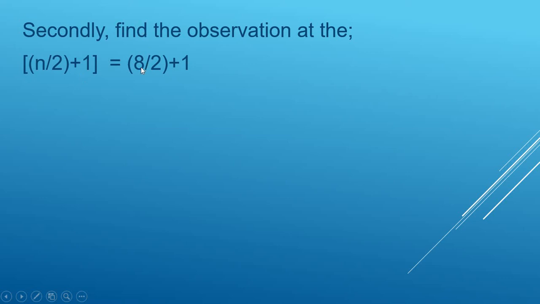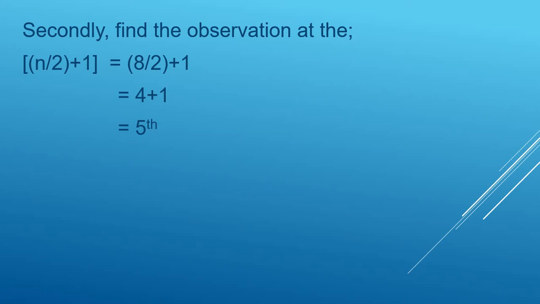We insert our n, which is 8 divided by 2, all plus 1, and that is giving us 4 plus 1, and that means we'll be taking the observation at the 5th position.